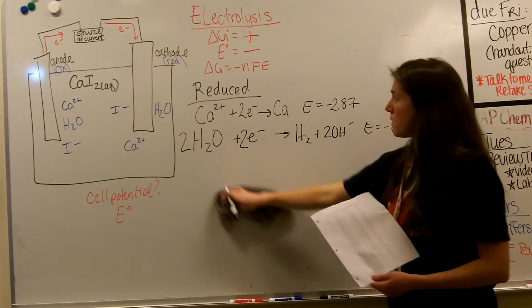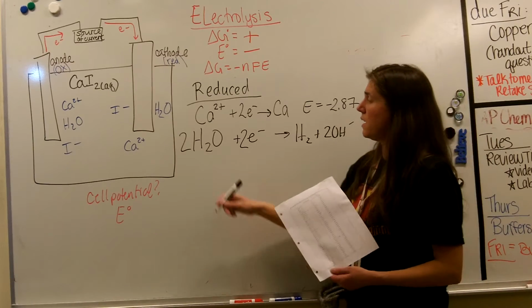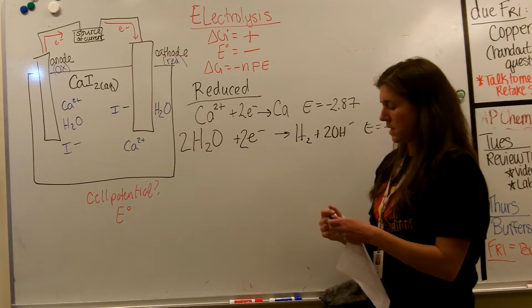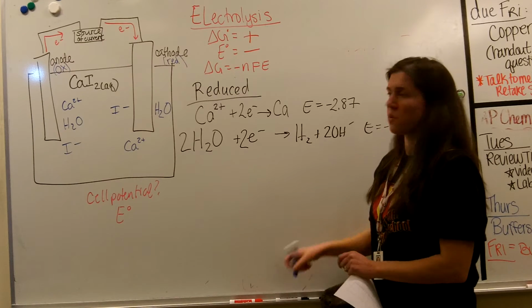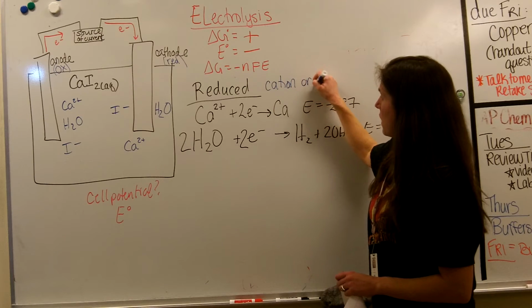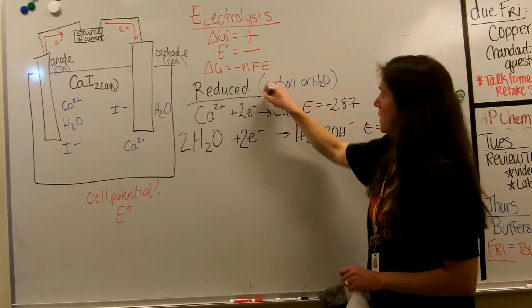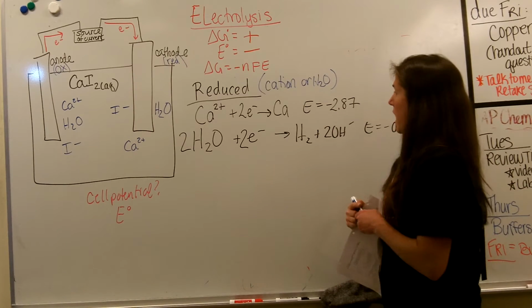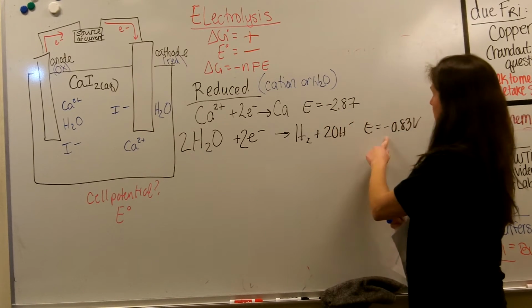So in general, when you are doing electrolysis of an ionic solution, your options for things that might be reduced would be either your cation or H2O. Your anion's not likely to gain any more electrons. It's already negative. And then what you want to do is look at these two reactions.